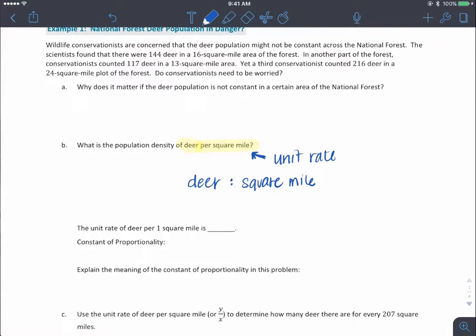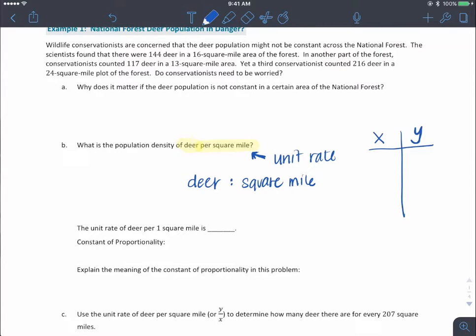And so you should think to yourself, how can I find how many deer there are per square mile? Well, since we're dealing with our x and y's, you should know that we're going to put a table together, so our x and our y.